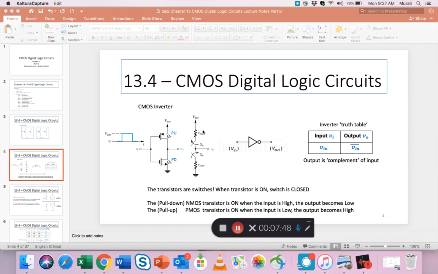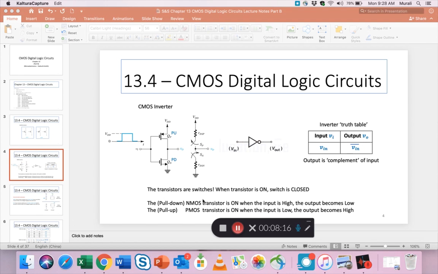So we spent so much time learning about the inverter as implemented by a CMOS pair, two transistors paired together to achieve this result. Okay, so here I've written some words, let's quickly read those. The transistors are switches, right? When a transistor is on, the switch is considered closed. That's the basic understanding.